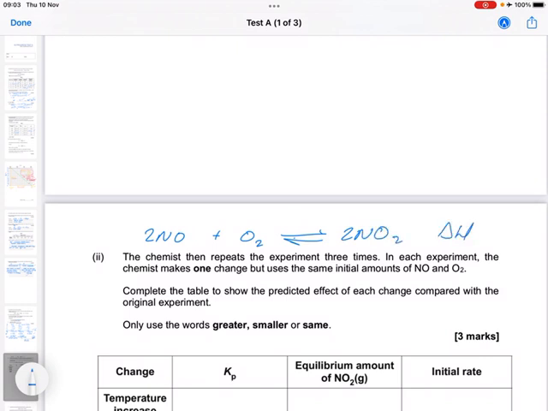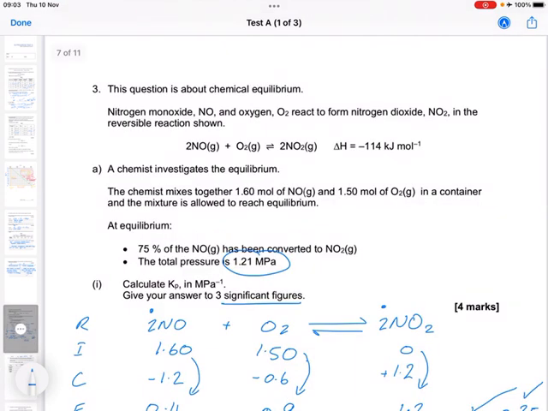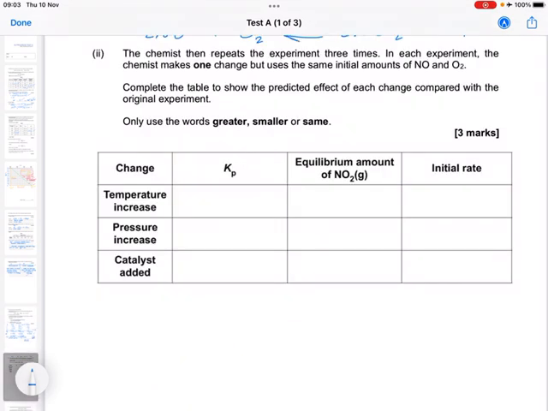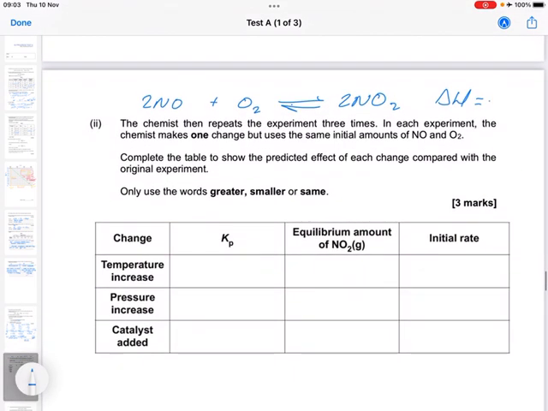And the enthalpy change is minus 114, so it's exothermic in that direction, so endothermic over here. Okay, and then Kp is obviously products over reactants, so I'm just going to use that to help me with all of this.